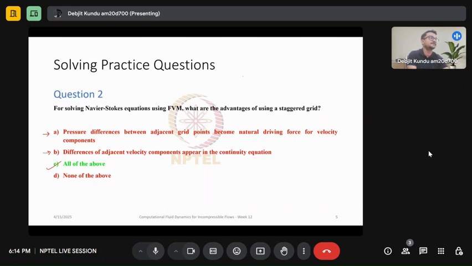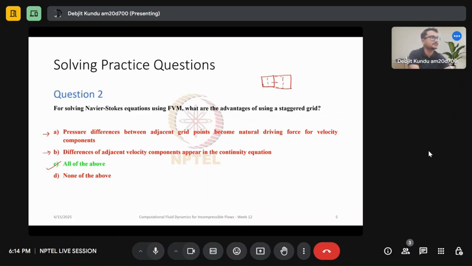Here again we will take a 1D example. We have a pressure cell like this, and then for velocity, let's say we have a cell like this, and another pressure cell over here. You get the point, right? So the velocity cells are staggered in this manner.